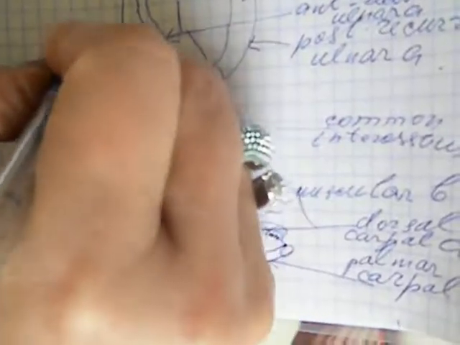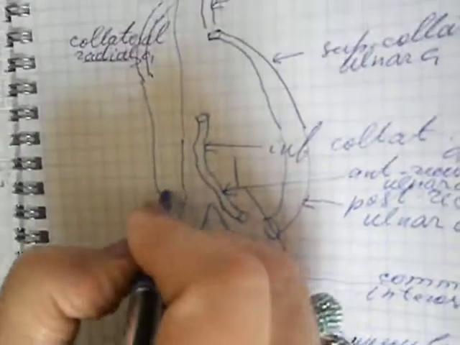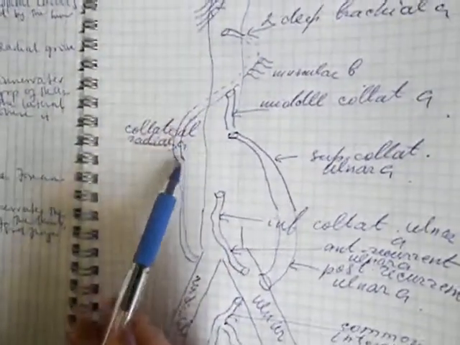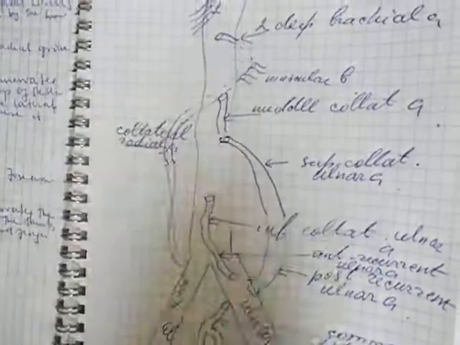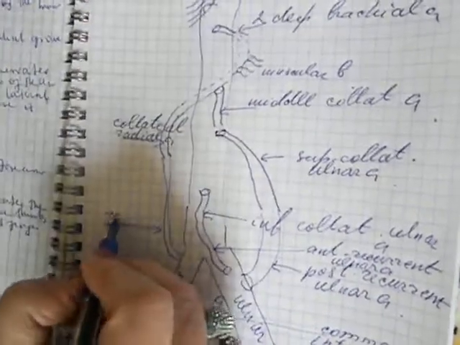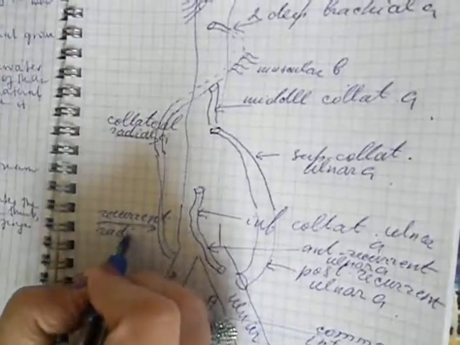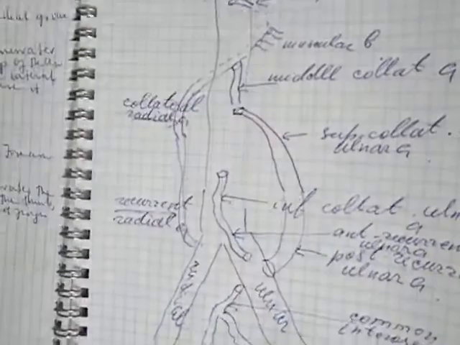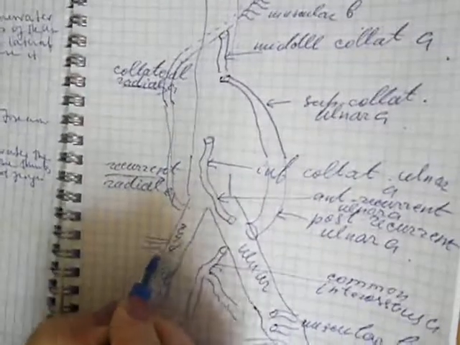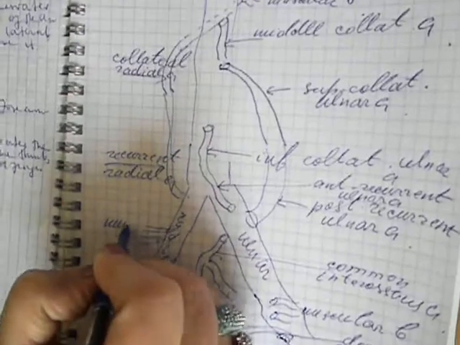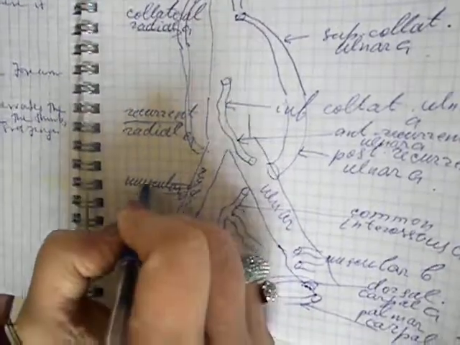Radial artery near the elbow joint gives recurrent radial artery, and you see it anastomoses with collateral radial artery, branch of the deep brachial. Next, radial artery gives many muscular branches to muscles of the anterior and posterior group of the forearm.